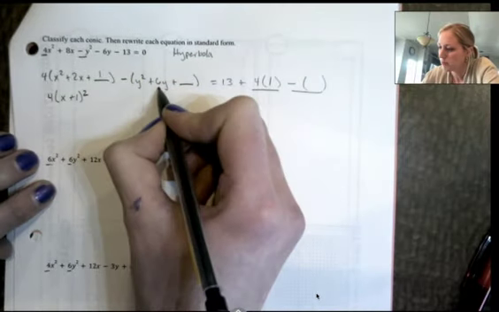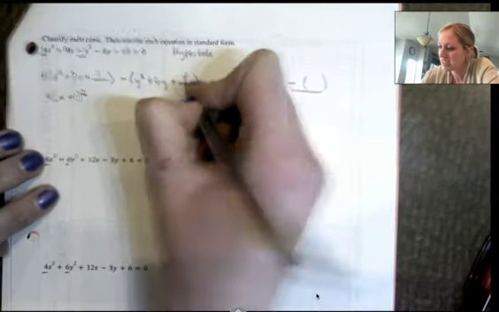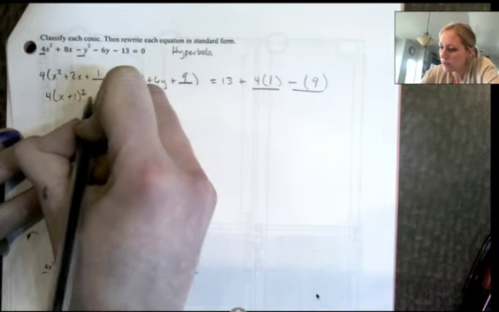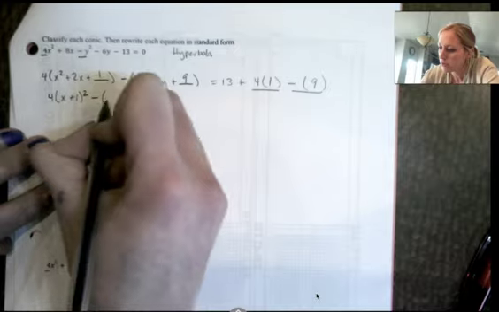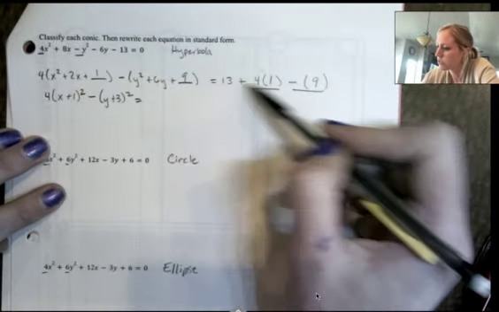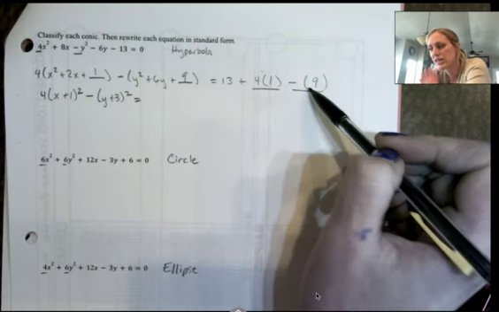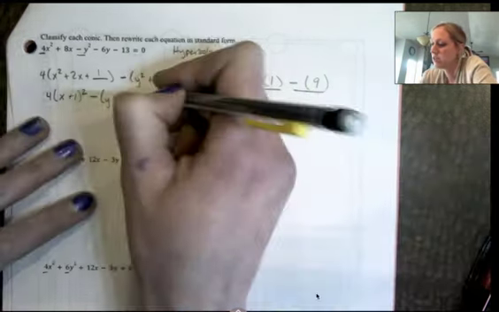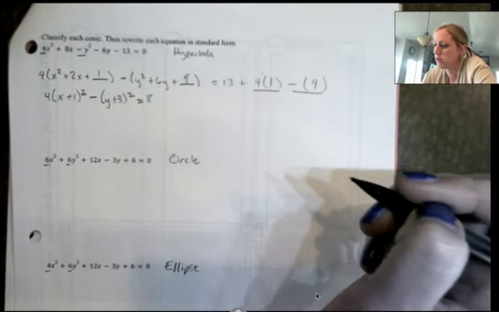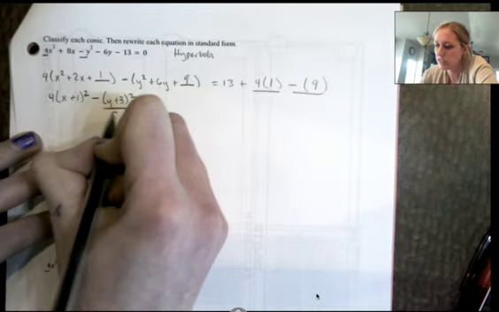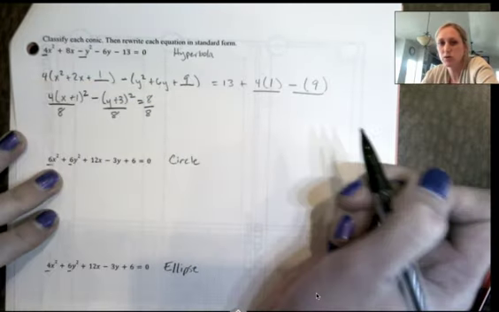Here, I have b over 2 is 3, squared is 9, so negative 9. This will factor into (y plus 3) squared. Over here I have 13 plus 4 is 17, minus 9 is 8. And then I'm going to divide everything by 8 because I know hyperbolas in standard form need to equal 1.